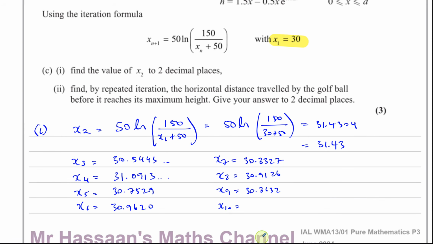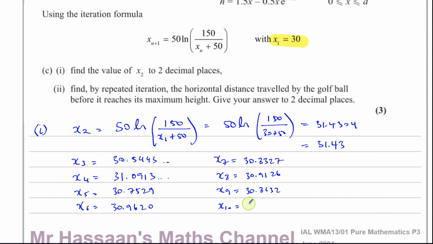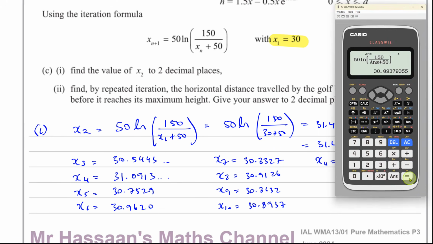So x10 is going to be 30.8937. And then x11, let's keep going. 30.8749.